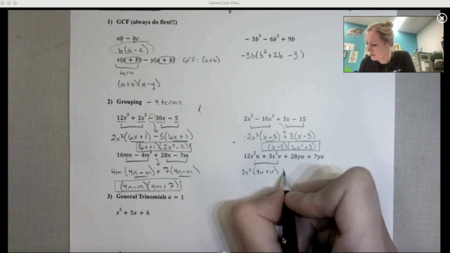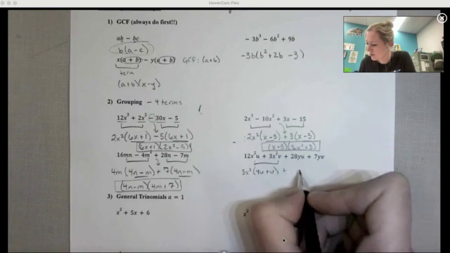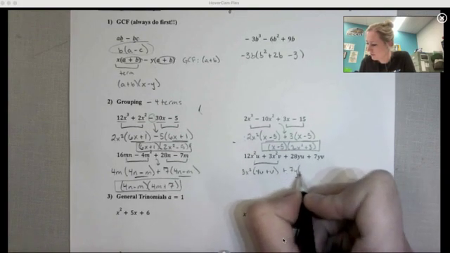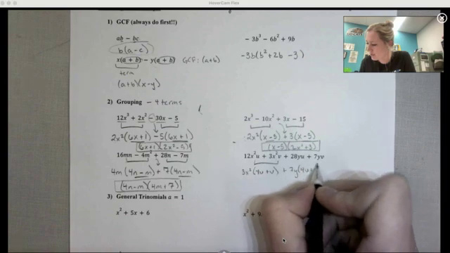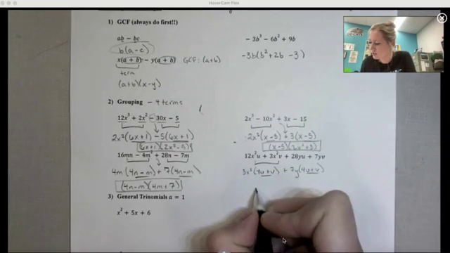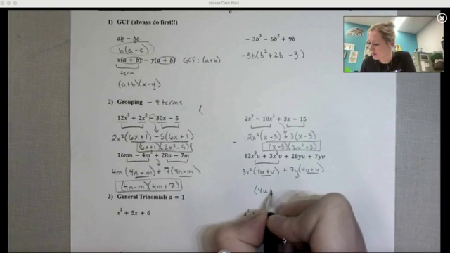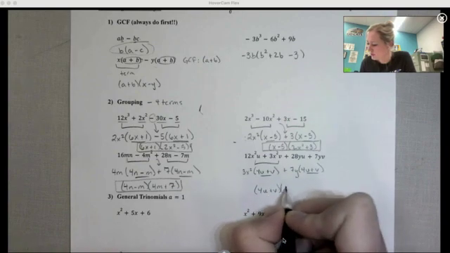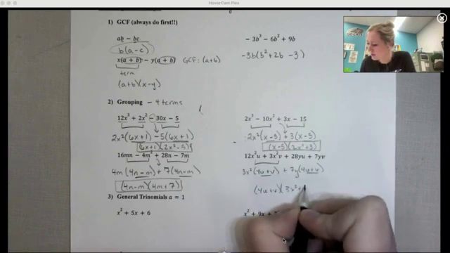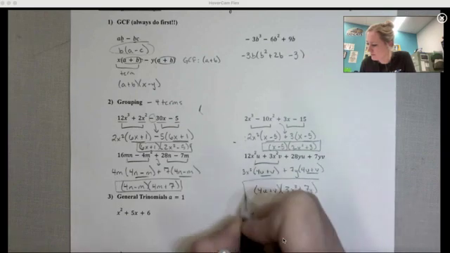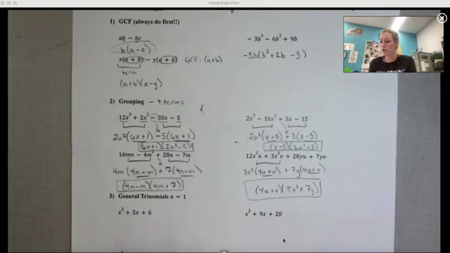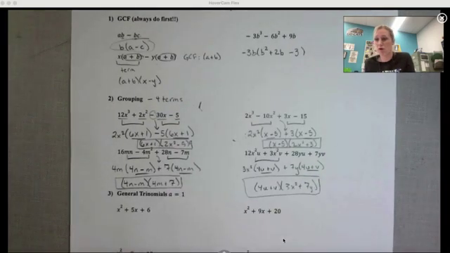Bring down my plus sign. Here I can take out a 7y, and we'd be left with 4u plus v. And again, those match, so I can pull that GCF out. 4u plus v times 3x squared plus 7y. All right, so grouping is what I can use anytime I have 4 terms.